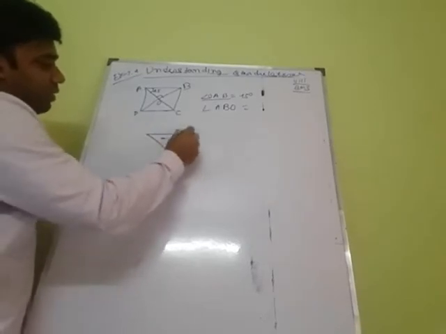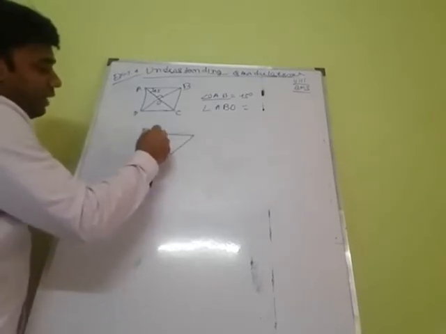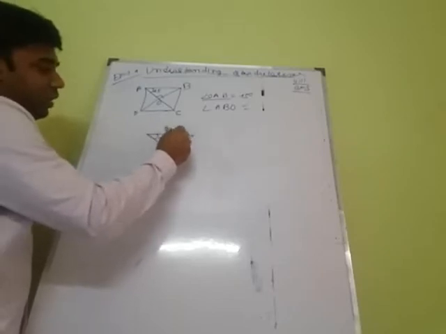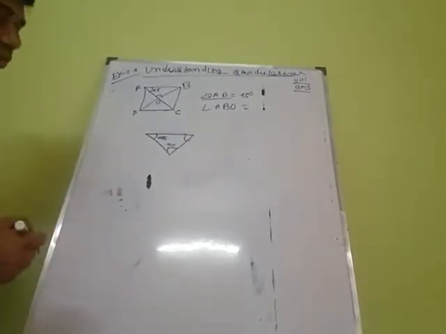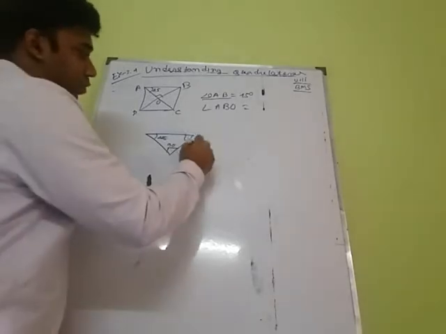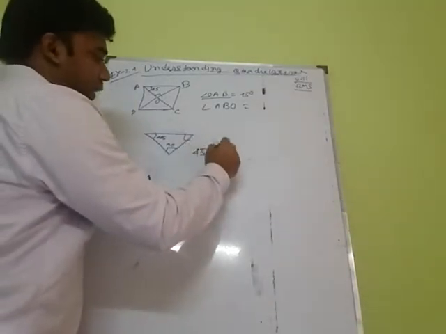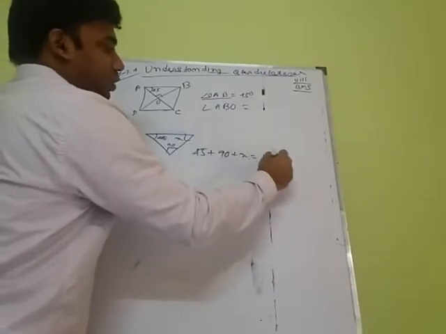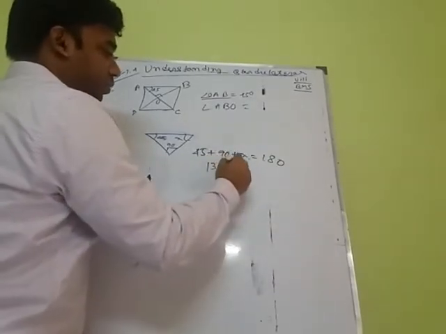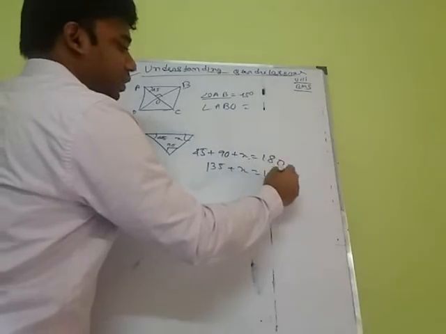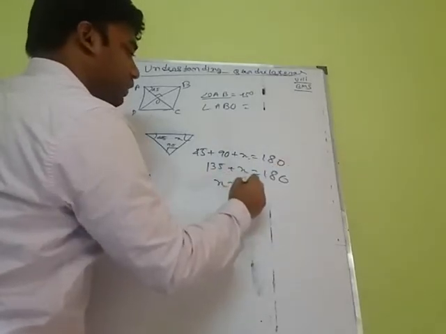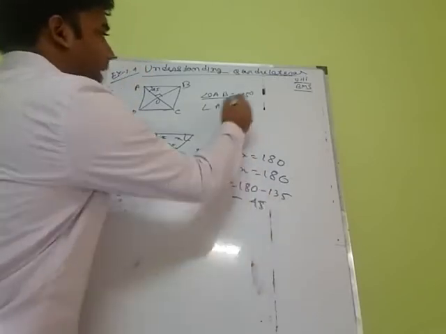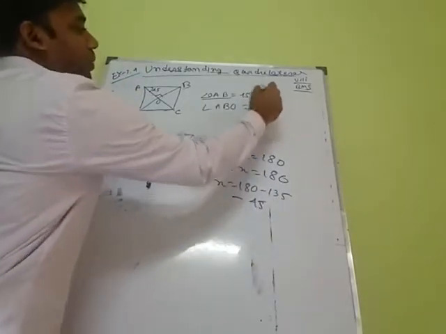I am separating that figure; that angle is 45 degrees. What will be the value of x? We should use the angle sum property: 45 plus 90 plus x equals 180, 135 plus x equals 180, x equals 180 minus 135, that equals 45. So angle ABO equals 45 degrees.